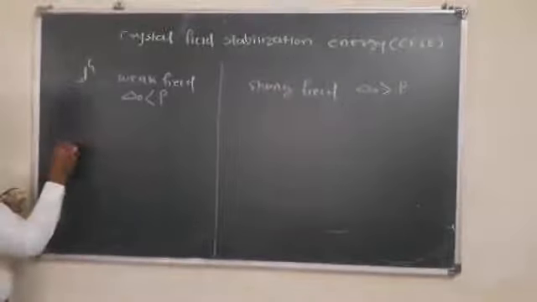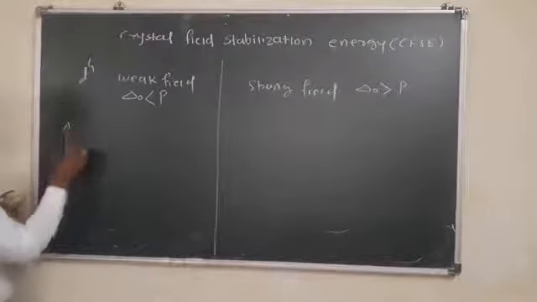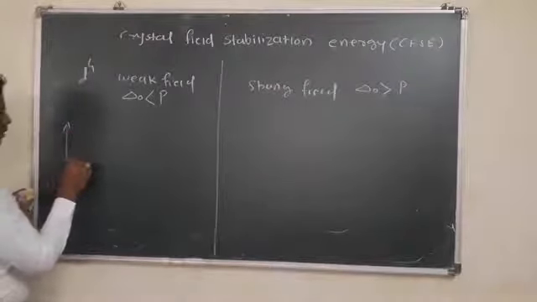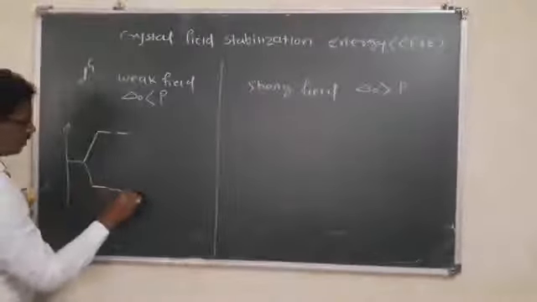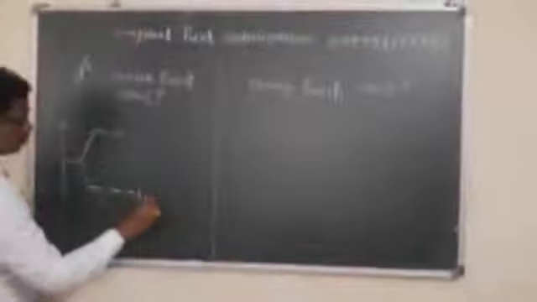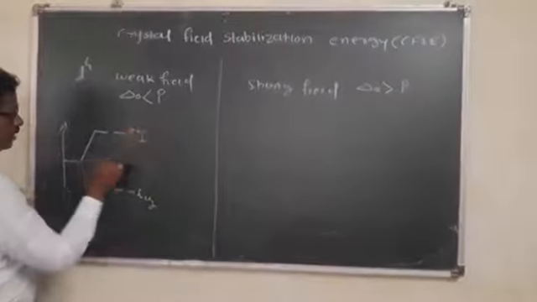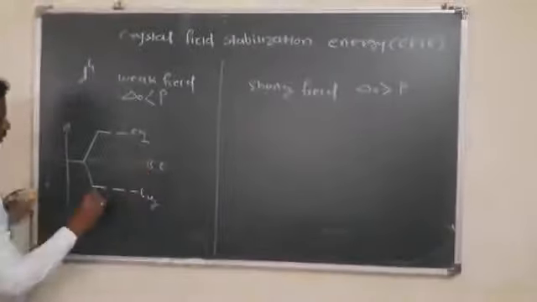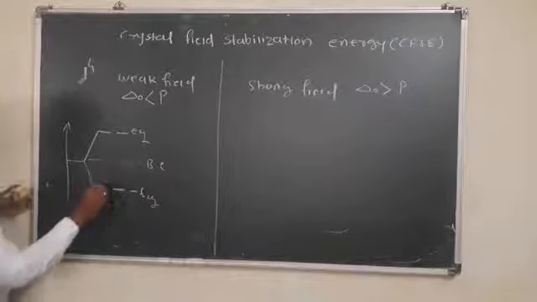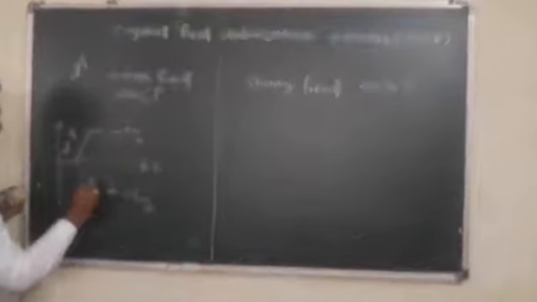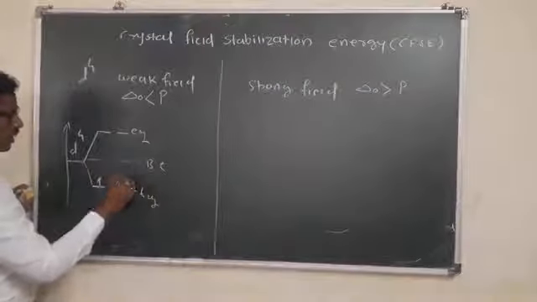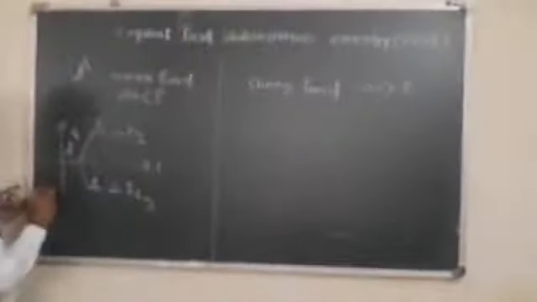In this case, this is t2g and eg, the barycenter level. Here the d4 electron configuration has electrons 1, 2, 3 and 4.